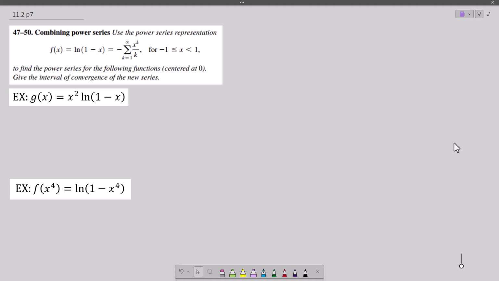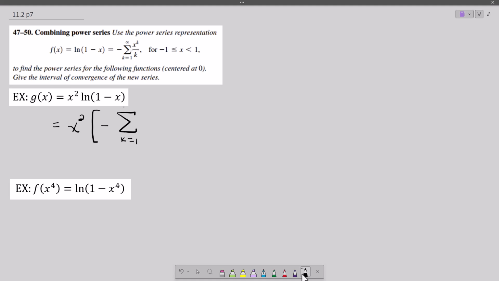So similar to the last one, we are taking x squared, a power of x. The power is bigger than 1, so we don't have to deal with any division by 0 business. That just makes things more complicated. We don't need that right now. And now we're going to multiply it by the power series for ln of 1 minus x, which is given.